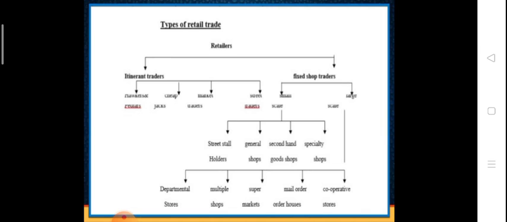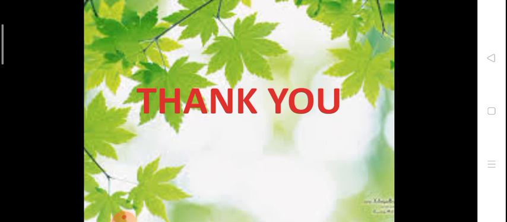Itinerant includes cheapjacks, market traders, street traders, hawkers and peddlers, some other examples of itinerant. And fixed shop is small and large. Small means street stalls, general stores, second hand goods shops, specialty shops, and large means departmental stores, multiple stores, supermarkets, mail order houses, and cooperative societies.